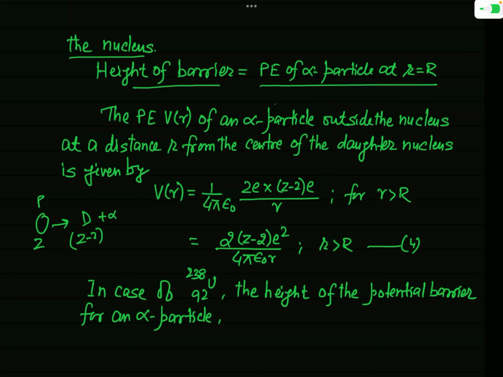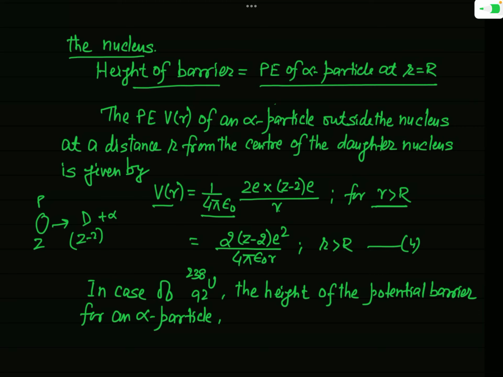You know, the expression for potential energy will be 1 over 4 pi epsilon naught times 2e, where 2e is the charge of the alpha particle, and the nuclear charge of the daughter nucleus will be (Z minus 2) times e, divided by r. And this result holds only when r is greater than R. It means the alpha particle is outside of the nucleus.